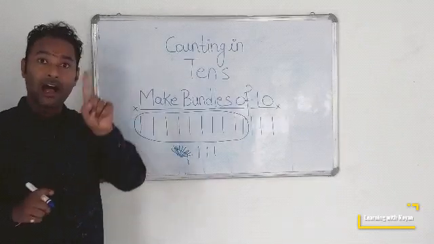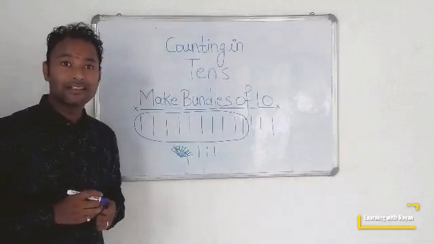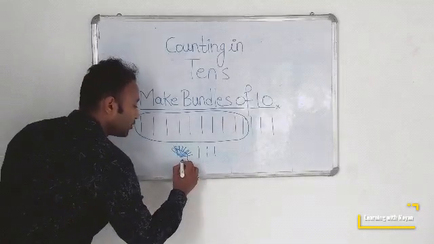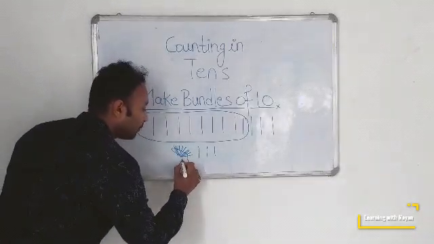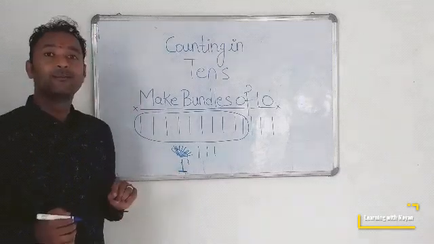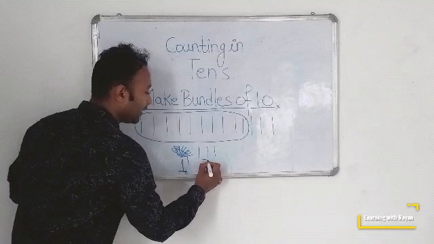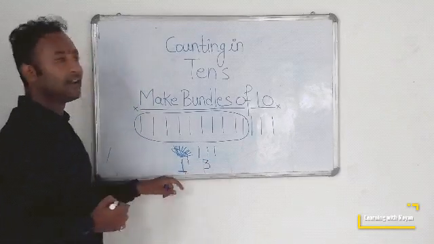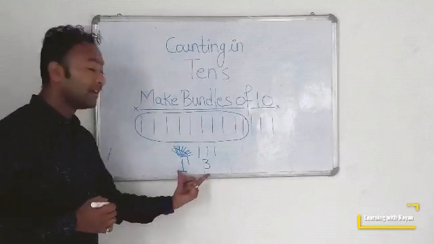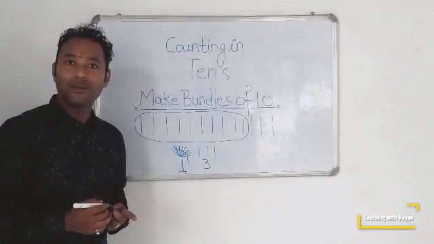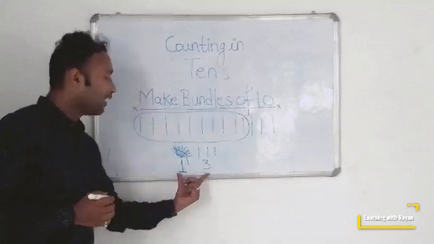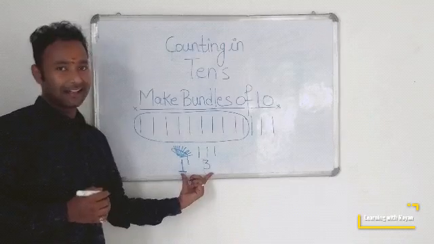How many bundles have we made with 10 sticks? Only 1. So you will write 1 bundle of 10 sticks. And how many are remaining? So this 3 will come on this side. Understood students? So in total, how many sticks are there? There are 13 sticks.